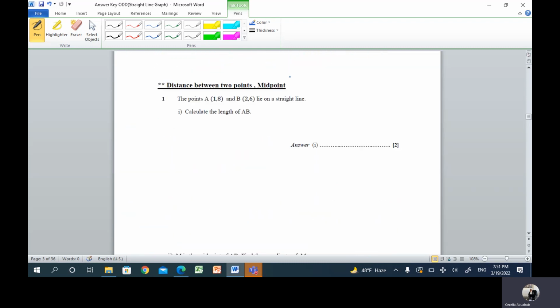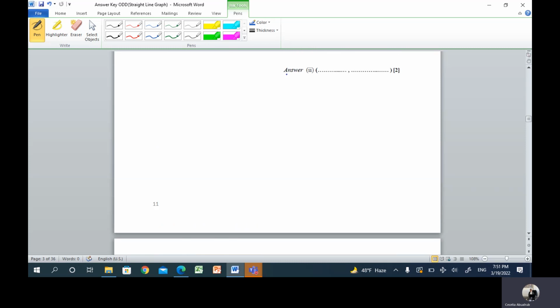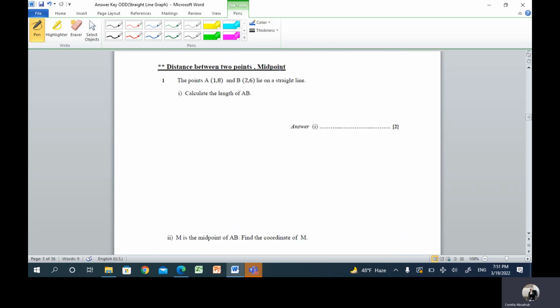Okay, so we finished. Now we're going to page 11. The points A and B lie on a straight line. Calculate the length of AB.